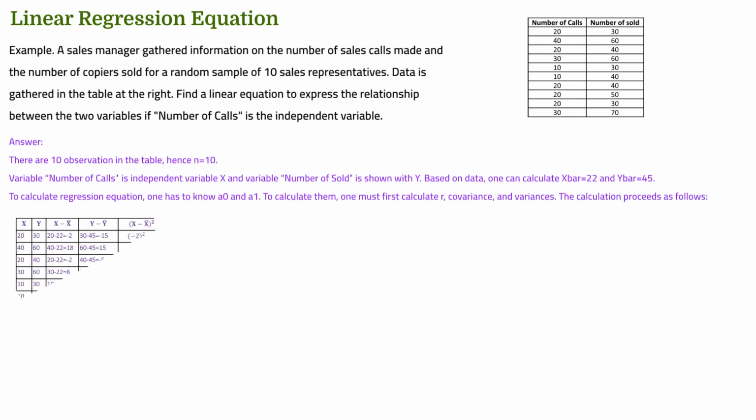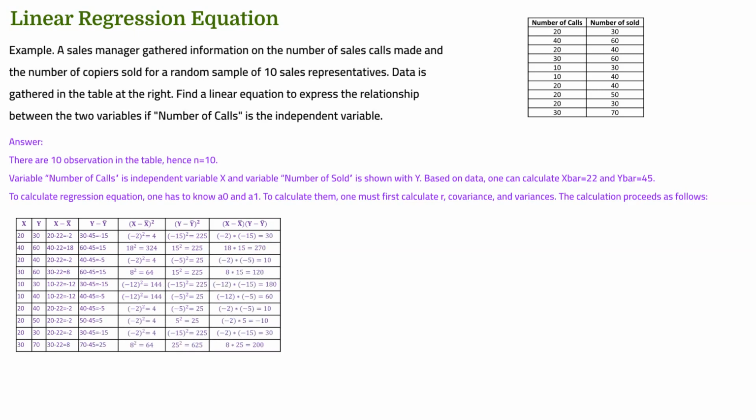The calculation proceeds as follows. We create a table in which we find the distance of x from x bar, y from y bar, then square those distances to get the variances, then multiply those distances to get the covariance. And we use the last three rows to calculate variances and covariance.